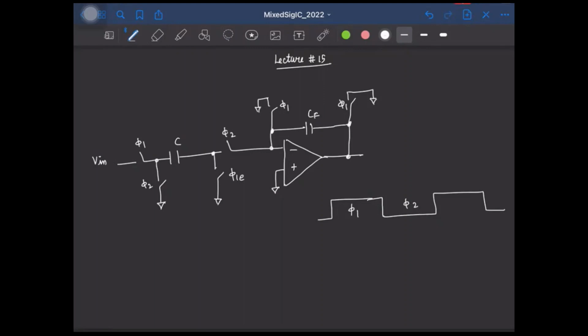So what will happen during the phase φ1? The capacitor here samples the input voltage while this capacitor is reset. If I call this time instant nTs, the voltage sampled across the capacitor is Vin(nTs). So this is the sampling instant.